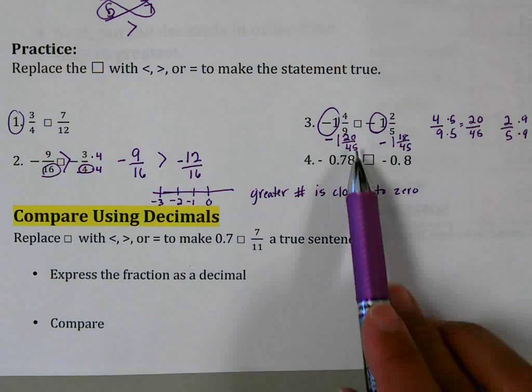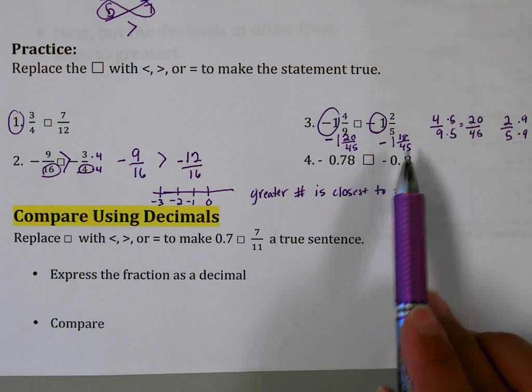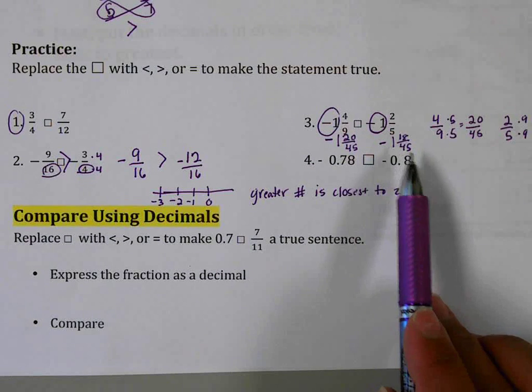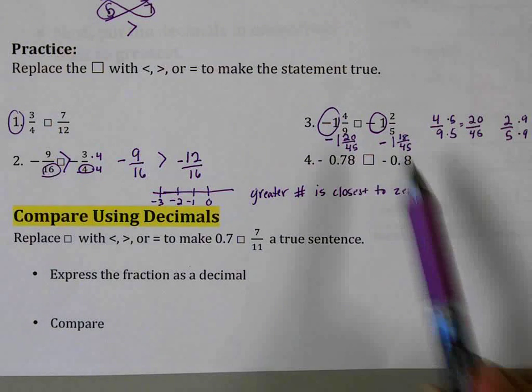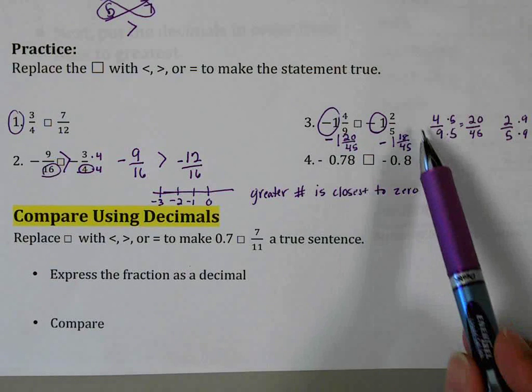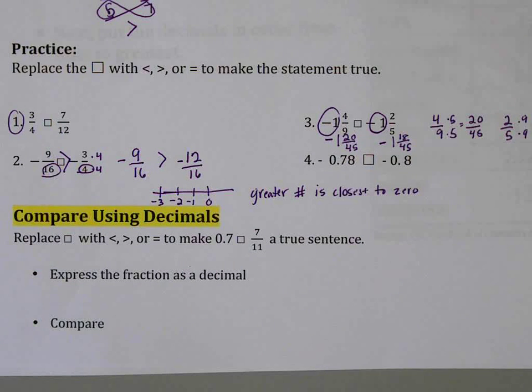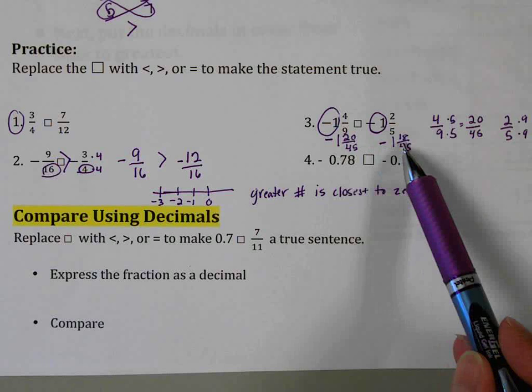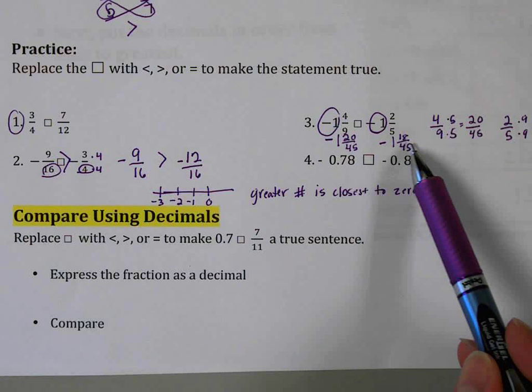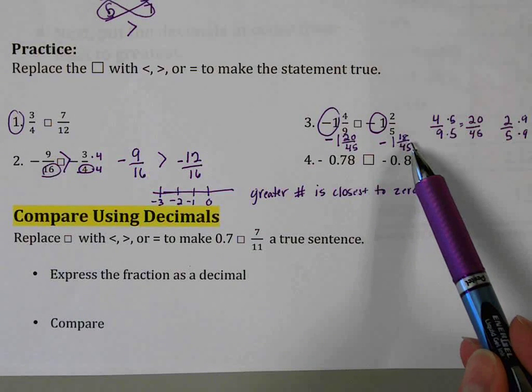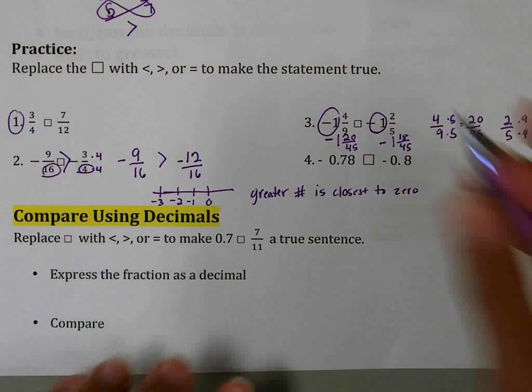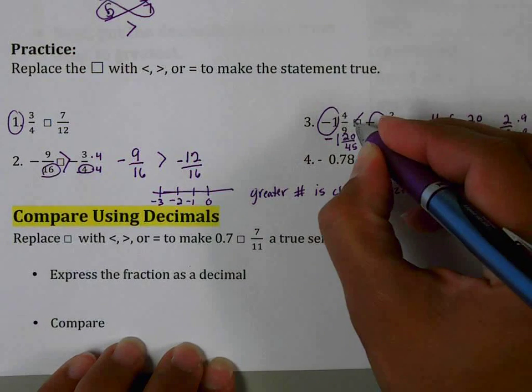So again, I need to think about the fact that these are negative numbers and I want the one that's closer to 0. So if I'm looking at 20/45 and 18/45, a -18 is going to be closer to 0. It's going to be closer to getting to the positives. So this is going to be my greater number.